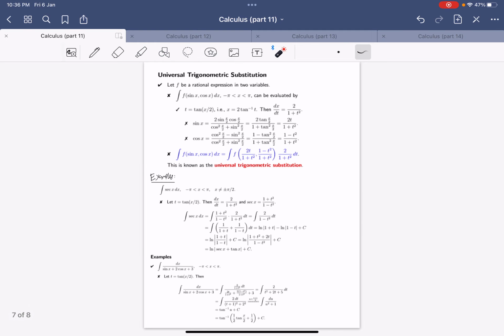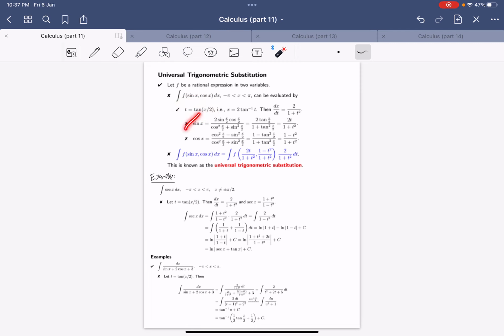Our last example we want to show is the use of the universal trigonometric substitution. This is for when the original function is some very difficult trigonometric function that you don't know how to integrate. The trick is you just substitute t equals tangent of x over 2.